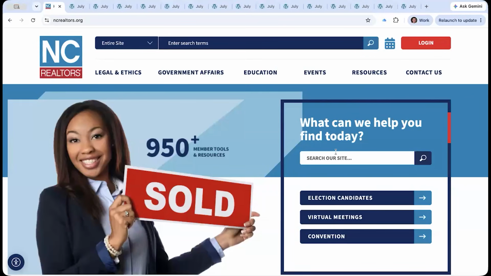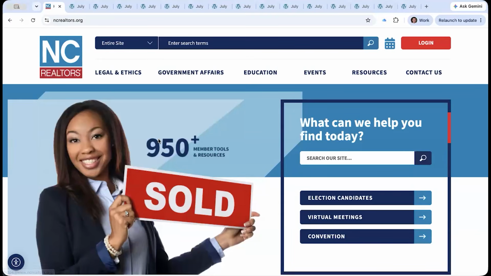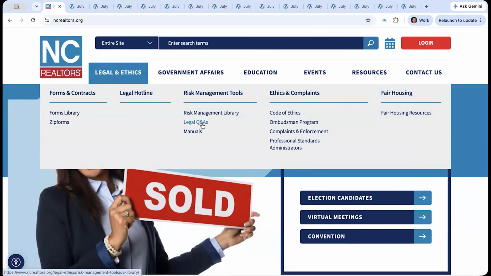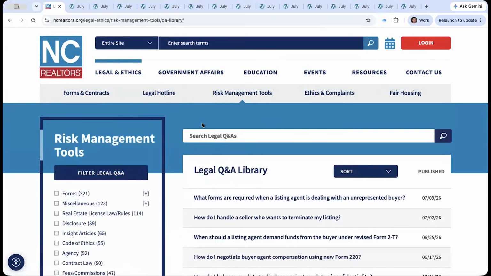I'm going to go ahead and share my screen here and let you know probably the most important resource as far as forms changes go. This is ncrealtors.org. I'm not even logged in. You don't even have to be logged in to see this stuff. It makes it super simple. You can go to legal Q&As, and these legal Q&As are the same Q&As that come in the Realtor Rundown every Monday.